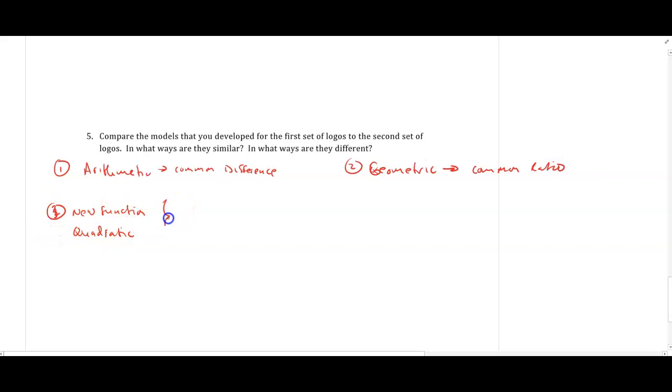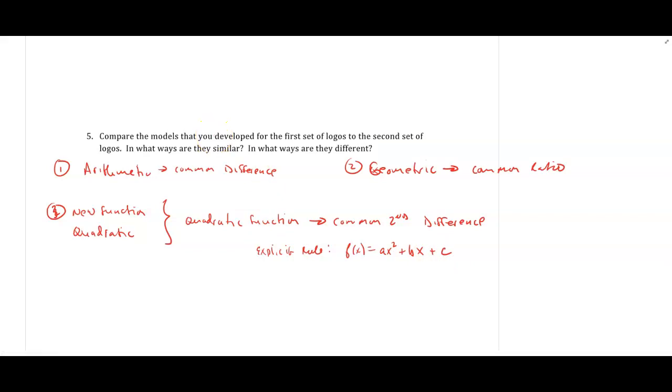We're going to call it the third one. What this quadratic function has is a common second difference. When you talk about the explicit rule, the explicit rule would be f of x equals some number times x squared plus another number times x plus some constant.